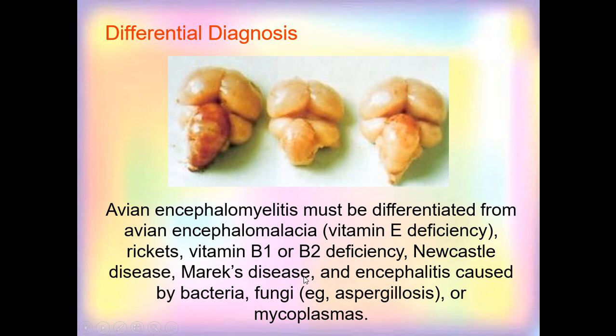However, Newcastle disease and Marek's do not cause disease at a very young age. And vitamin E deficiency, B1 or B2 deficiency, in real life we never find this disease, except it can be made experimentally.